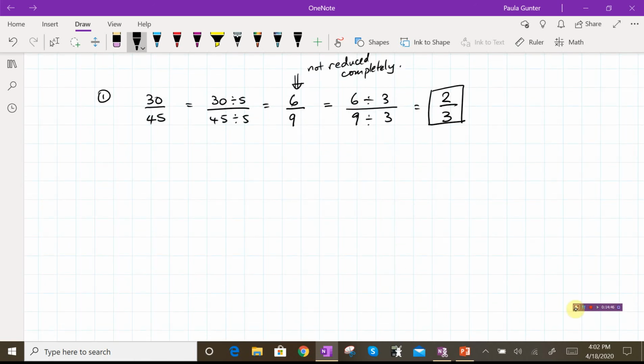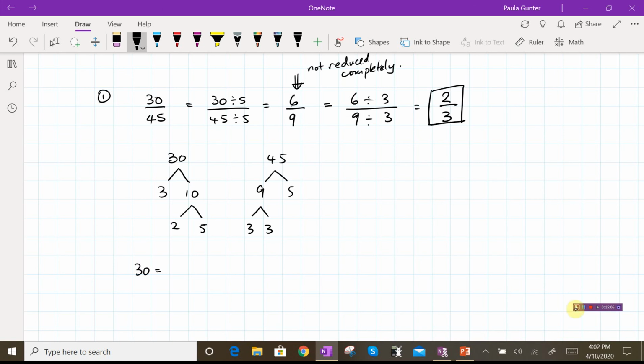Many of you might have learned this method also. We could do what we call a tree method and find the prime factorization of both 45 and 30. Give me a moment and I will write them out.